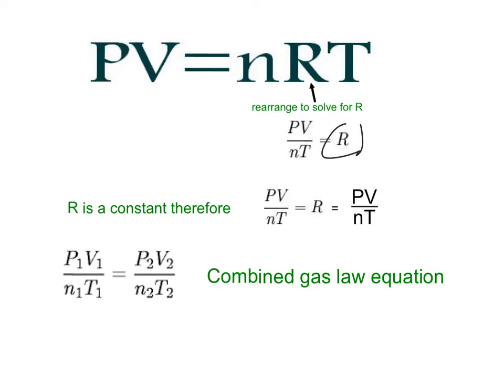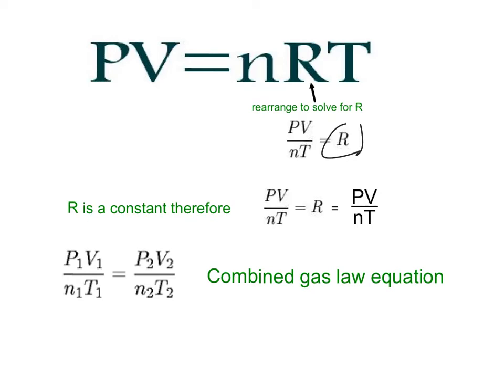Well, if we change any of those conditions, a pressure, a volume, a temperature, or a number of moles, it still ends up having to equal R. So we can rearrange and create a new formula that says P1V1 over n1T1 is equal to P2V2 over n2T2.